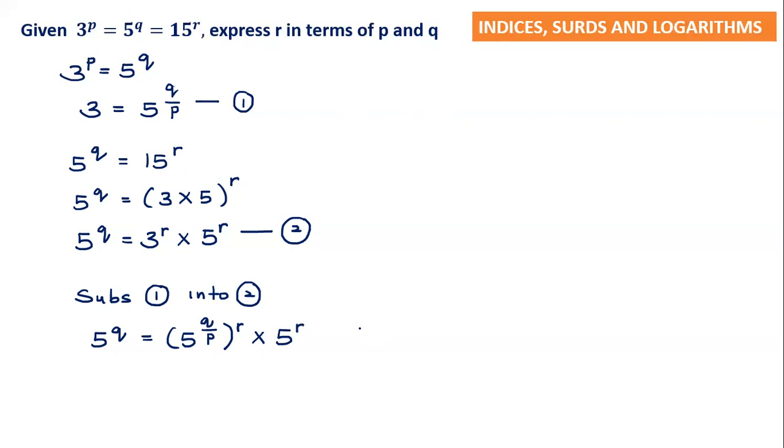Okay, the good news of this equation is everything is in the same base. Understand? Everything in the same base. So I'm going to gather them all together: 5 power Q equals to, okay, when you multiply, right, class, index and index can be multiplied. So you're going to have 5 with the QR over P, times with the 5 power R. This whole thing I can combine, because in indices, times is going to be plus.